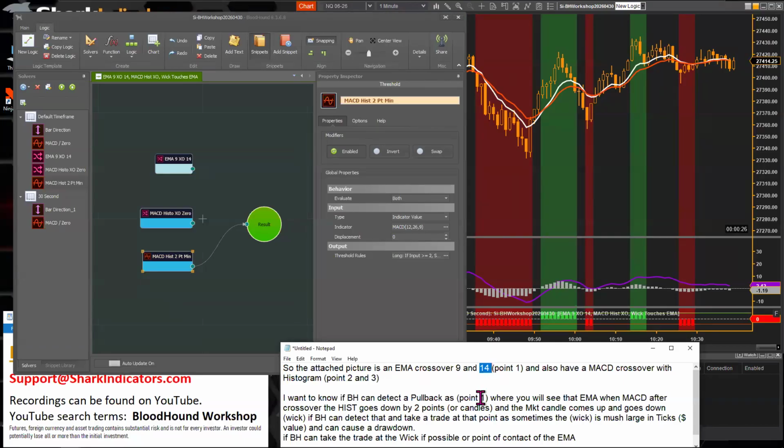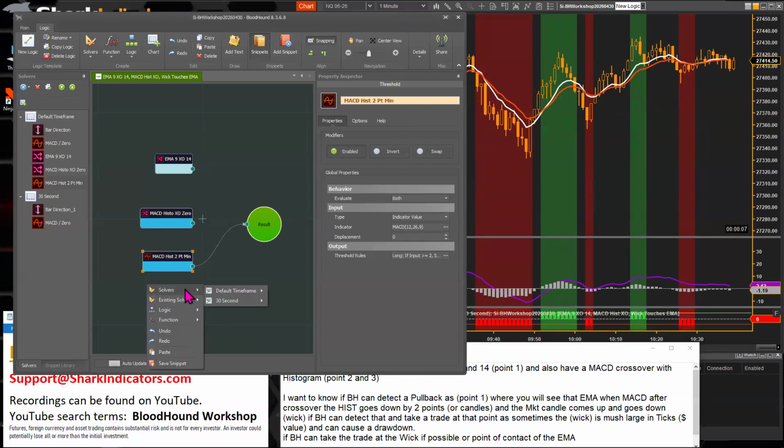But of course, the nullification always comes after the entry signal, but that is all possible there. So, all right, let's identify when price is touching that EMA 9.